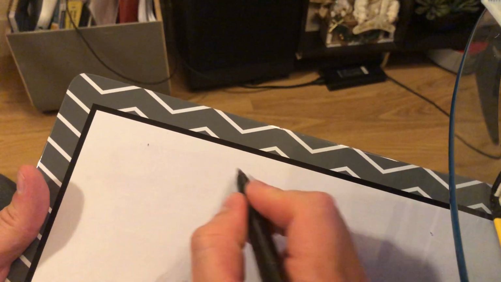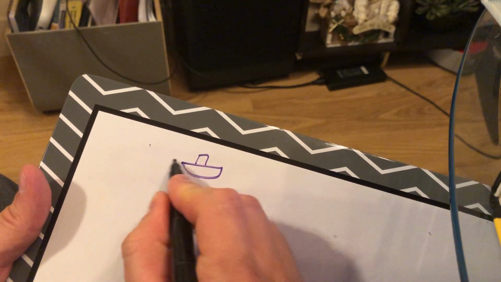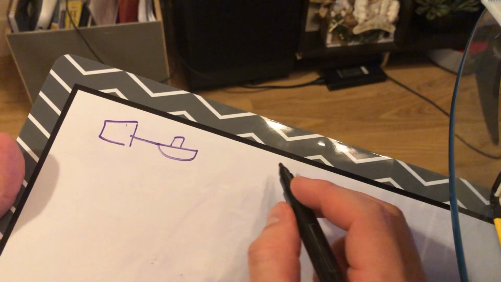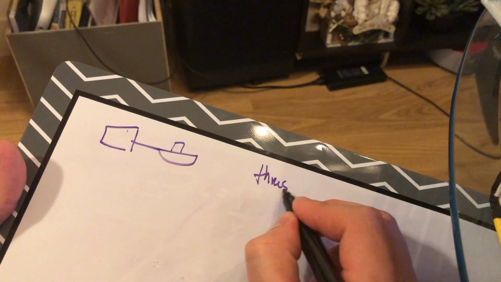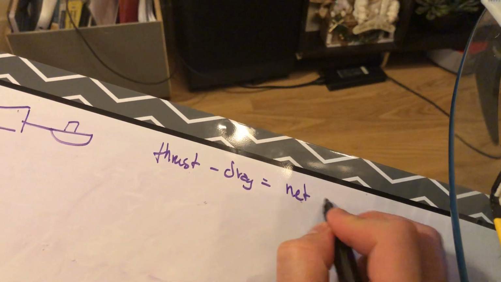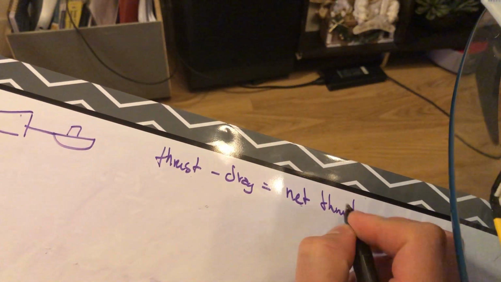So we have a little dude towing a thing, and we know that thrust minus drag equals net thrust. That varies linearly.